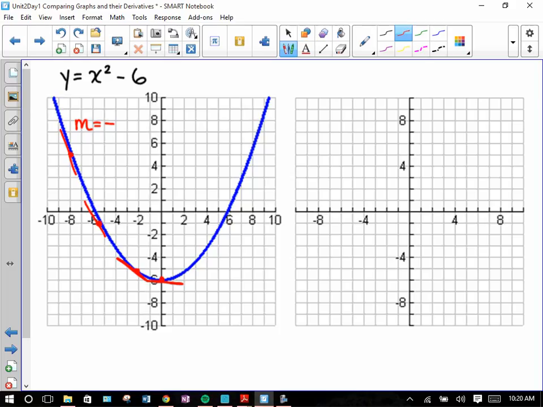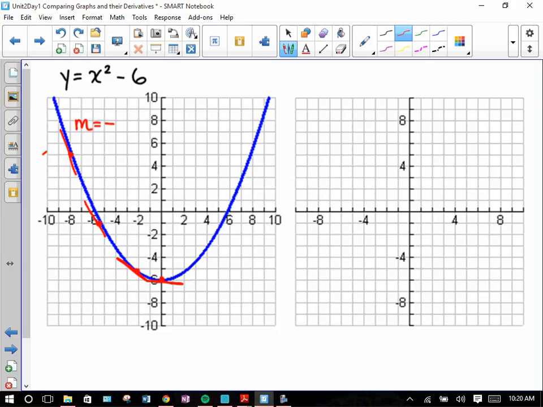So what can we say about this slope compared to this slope? Which slope is more steep? This one. It's going to be negative, but what type of negative? If I were to give you two numbers, would the slope be negative 8 or negative 2? Which one is more steep? Negative 8 would be more steep than negative 2.